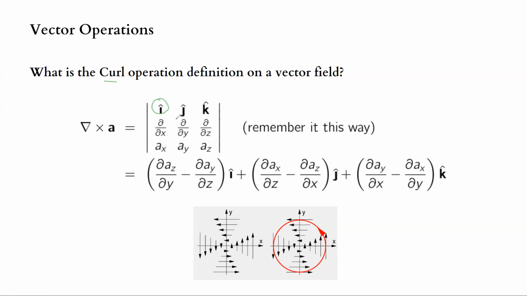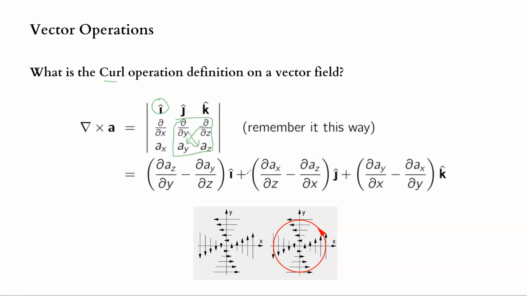Once we take the determinant of two vectors like this, we first consider i hat, and then we take the cross multiplication between the components in this box. We take the multiplication with a z first, and then subtract the multiplication that we get with a y, right?